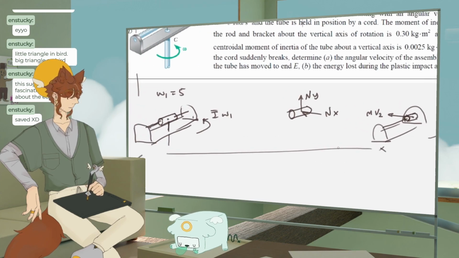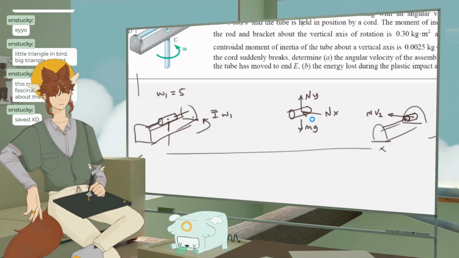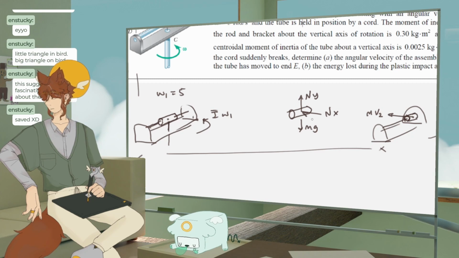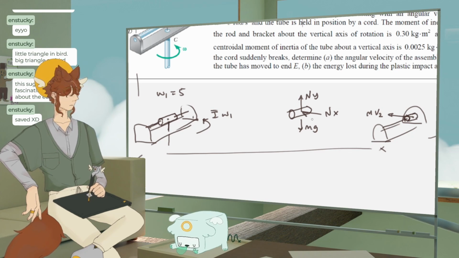Yeah, we have some forces, and we also have an mg. What else do we have? I think that's kind of it. Also, we're not gonna have anything stopping it from moving in the other direction.